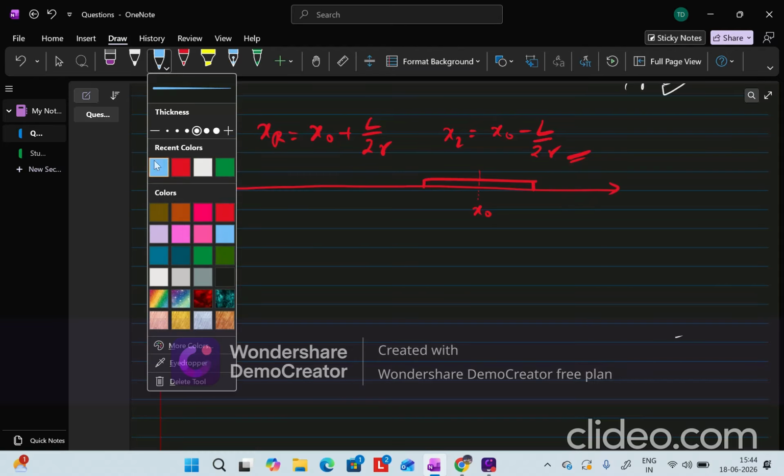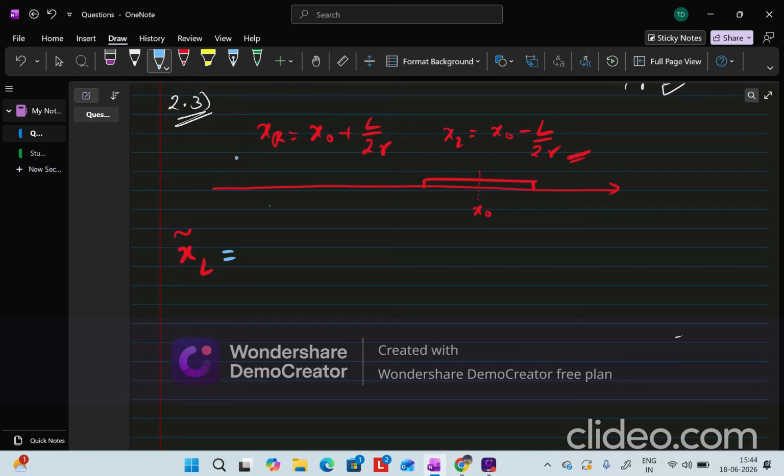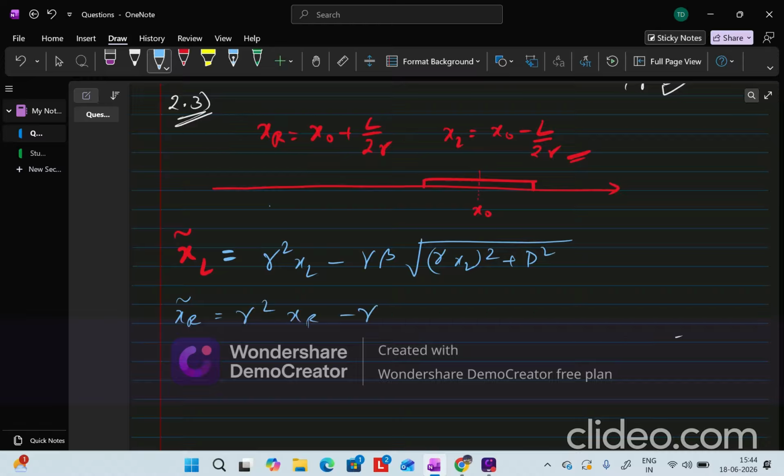In the picture, what will be the observed x coordinate? So I can write x̃L equals γ²xL minus γβ times the square root of (γxL)² plus d². Similarly, x̃R equals γ²xR minus γβ times the square root of (γxR)² plus d².